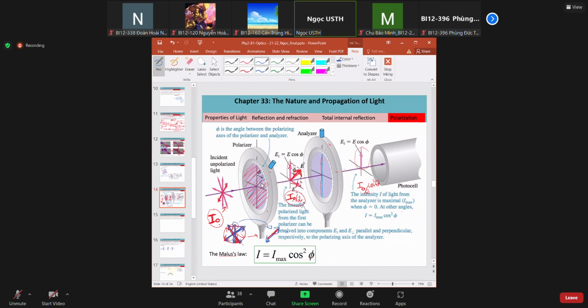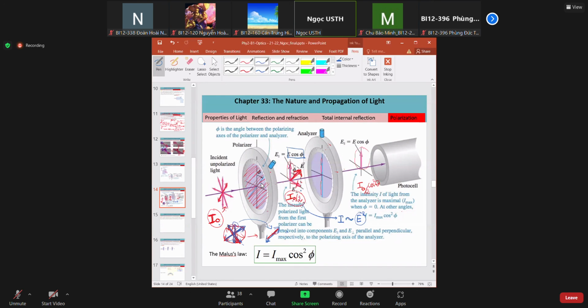If you learned from chapter 32, I don't know why they didn't teach you, but you know that the intensity is proportional to E squared, where E is the electric field component. So the electric field that gets through the second one is just E cosine theta.